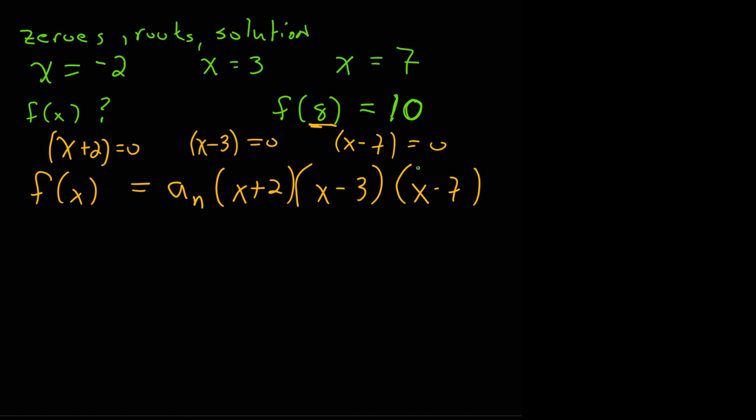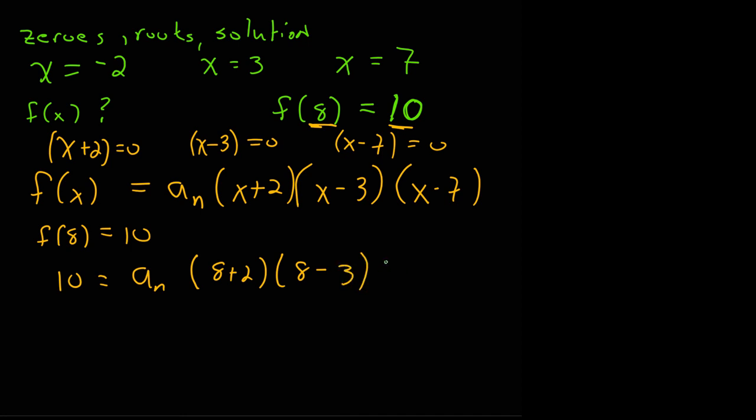This is saying when x is 8, my answer is 10. So f of 8 equals 10. So 10 is going to equal a sub n times (8 plus 2) times (8 minus 3) times (8 minus 7).